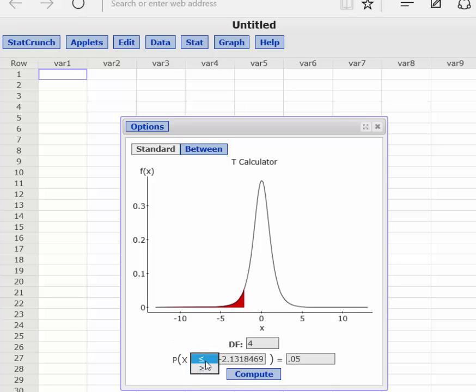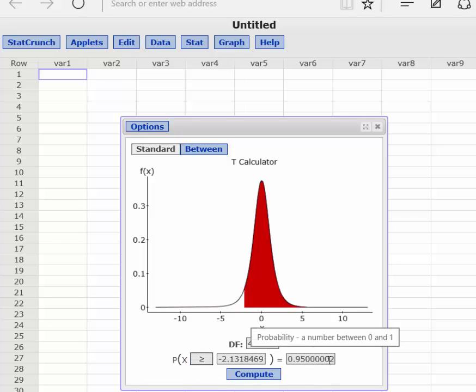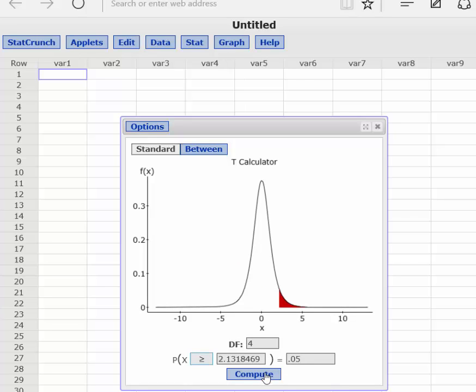If we want a right hand test, we know it'll be 95, but just for fun I'm going to put that in there again and recompute, and we've got positive 2.132. Pretty straightforward.